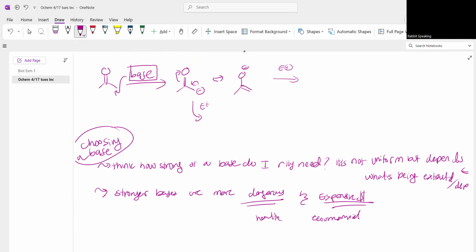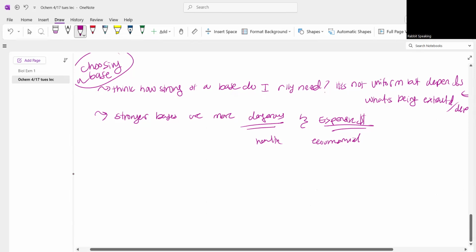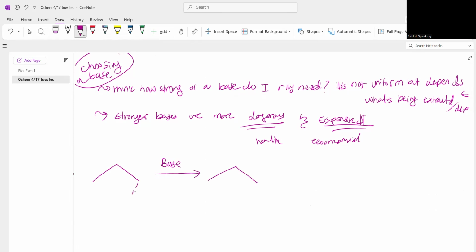Okay. So let's take an alkane. Say we want to deprotonate the methyl here. This methyl is attached to H's, and you want to make this a negative on a carbon.